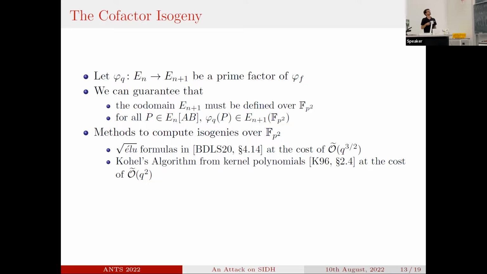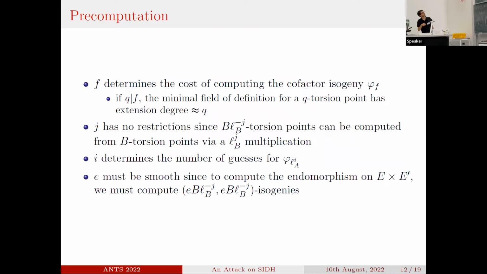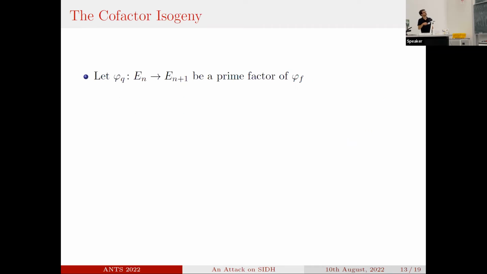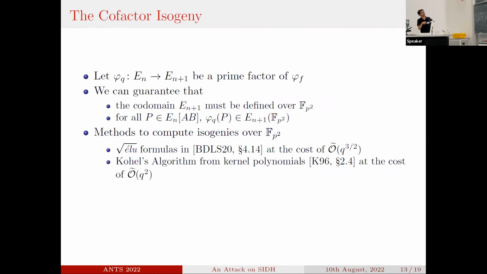Based on our heuristic, the minimal field of definition for a Q torsion point has extension degree Q. We can approximate the complexity of this square root values formula to Õ(Q^{3/2}).